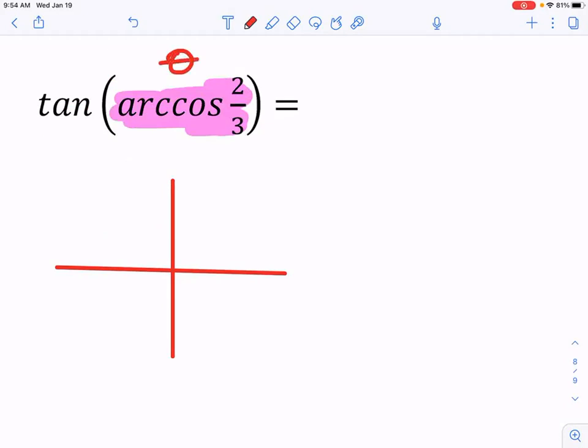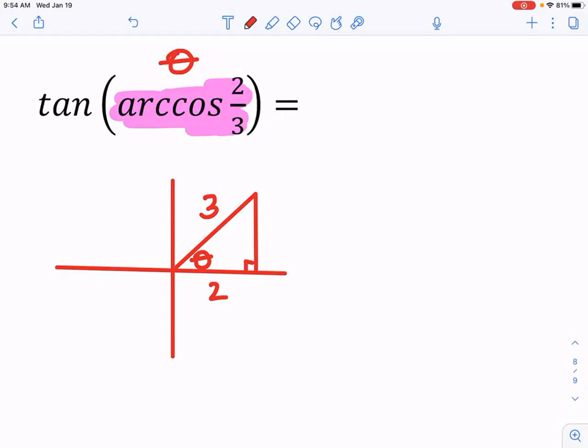Its answer is some angle. Since we're talking about arc cosine, theta is gonna be either in the first or the second quadrant. In this case, since it's a positive 2/3, which quadrant are we gonna draw it in? And our cosine ratio, adjacent over hypotenuse, is 2/3.